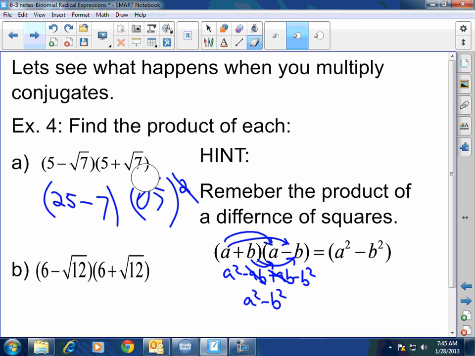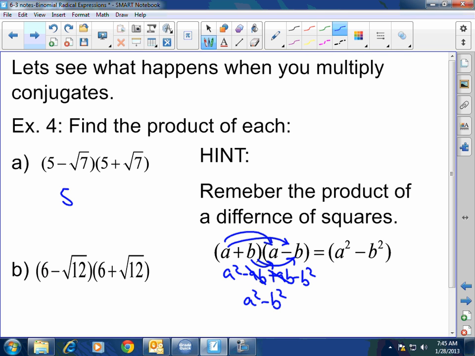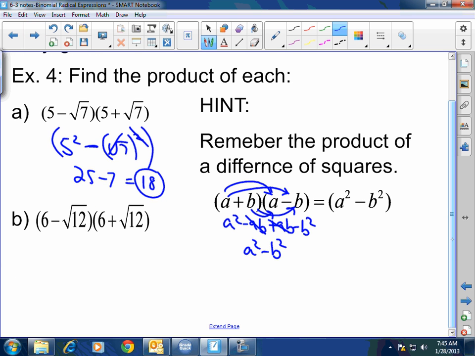The power of 2 cancels out that radical, so you're left with 7. So again, it's the square of the first, 5 squared, minus the square of the second term. 5 squared is 25, minus 7, because the power of 2 cancels out the radical, so I'm left with 18. If you want to do it the long way, that's fine, but it's a lot easier using this formula.